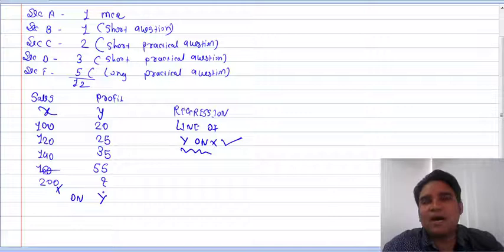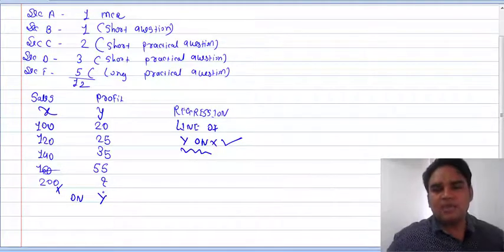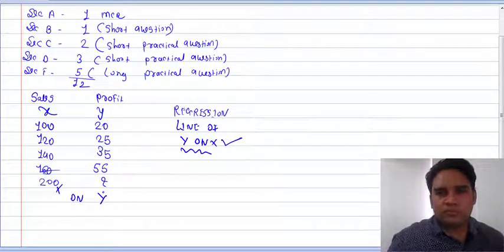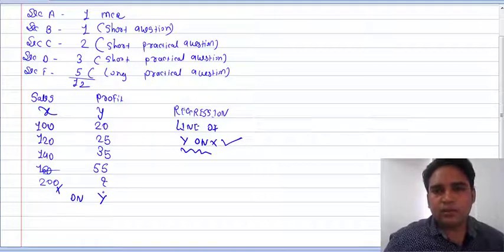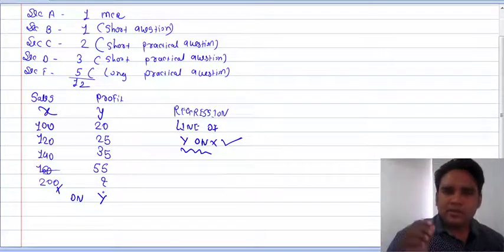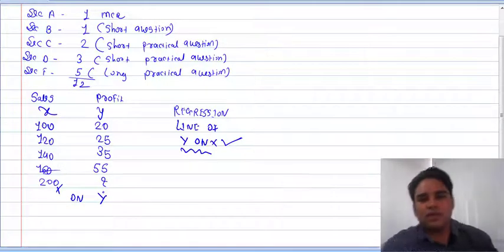That was in the past syllabus, but in your current syllabus only the regression line of Y on X is there, and the practical questions in your textbook are based on the same. So we will deal with the regression line of Y on X only, right?